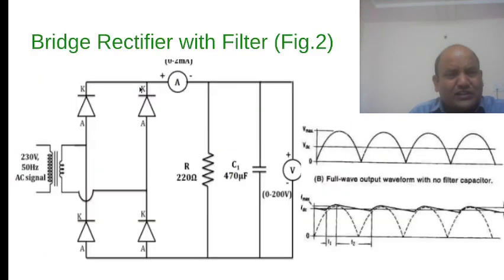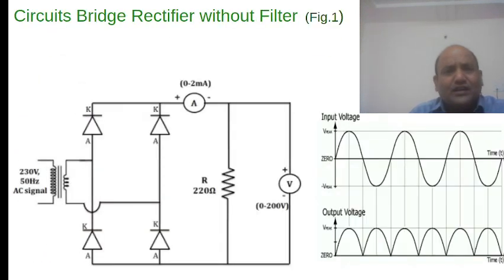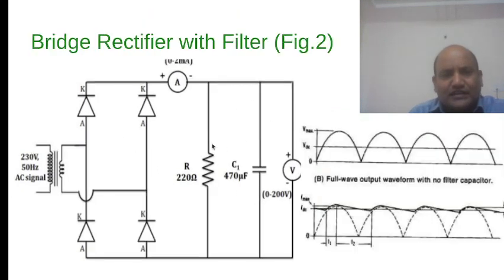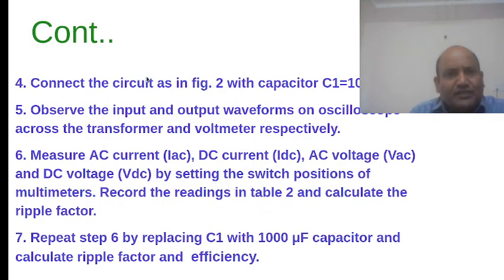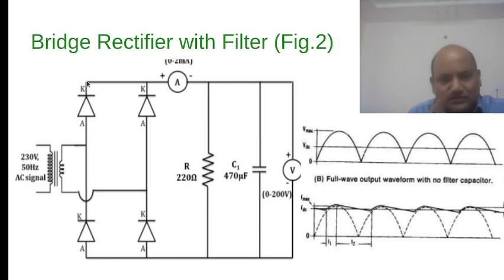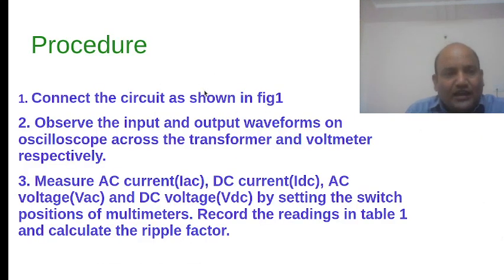Now your second experiment, this was the experiment without your filter. For the second experiment you have to follow the procedure: connect the circuit as per the second figure, and then again observe the input and output on the oscilloscope.